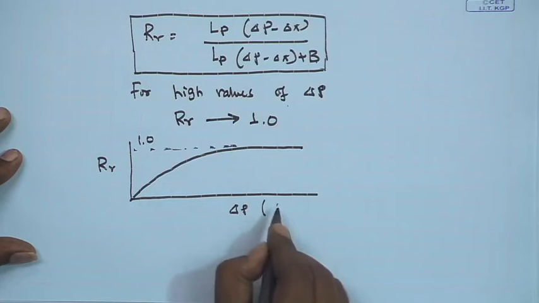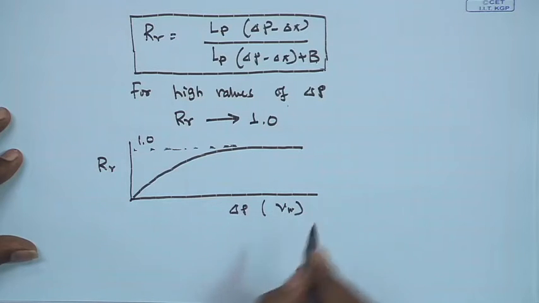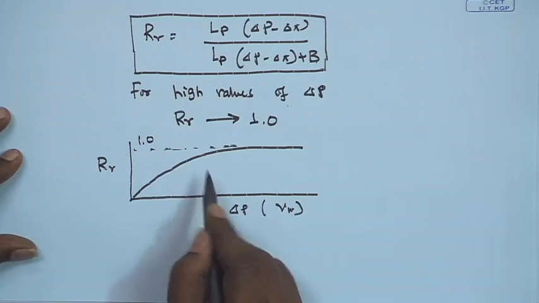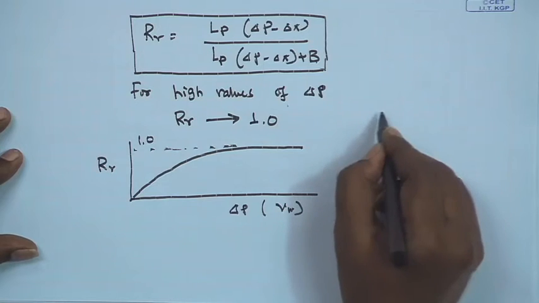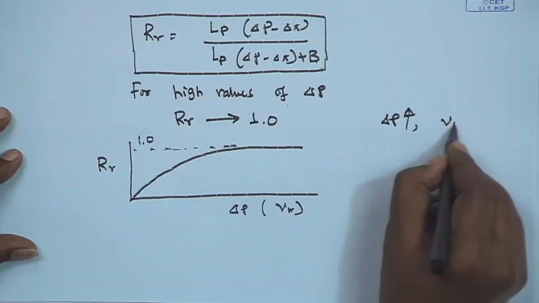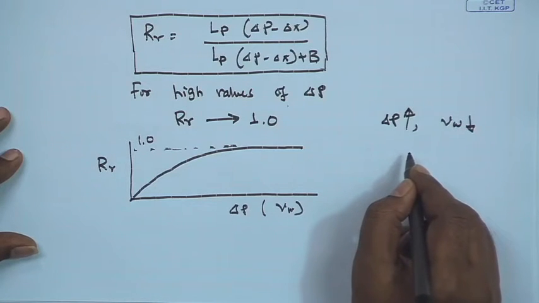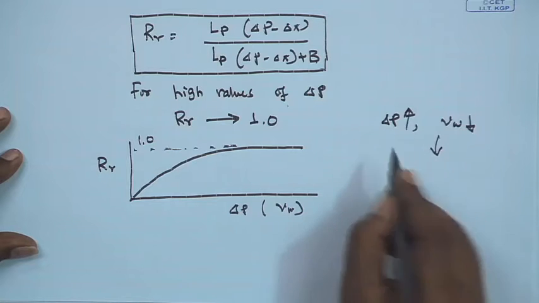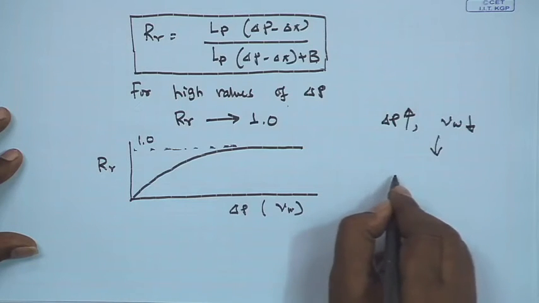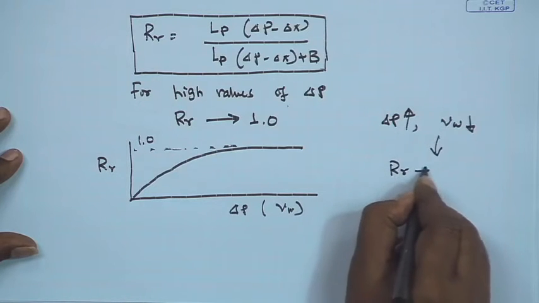Or you can plot permeate flux, because permeate flux is also proportional to delta p. This shows that as the driving force increases, as delta p increases, more solvent will be permeating through it, but the solute concentration will remain the same. Therefore, it will be diluted, and it keeps on being diluted, and at a very high pressure the retention will be tending to 1.